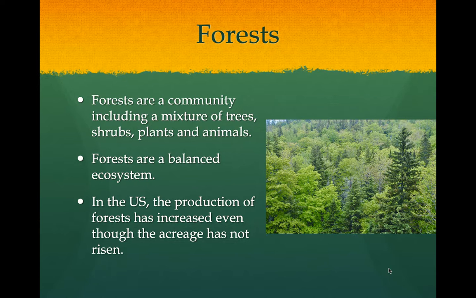But a forest is basically an entire ecosystem of different things living within that forest, whether it be the wildlife, or streams going through the forest, or different plants or animals or shrubs. Because of that, forestry is a difficult issue right now.